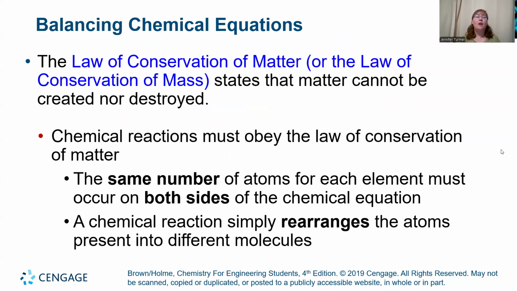So let's take a look at the law of conservation of matter, also called the law of conservation of mass, and it states that matter cannot be created or destroyed. So chemical reactions must obey the law of conservation of matter.